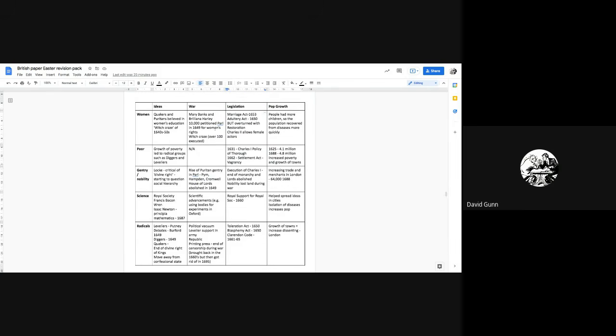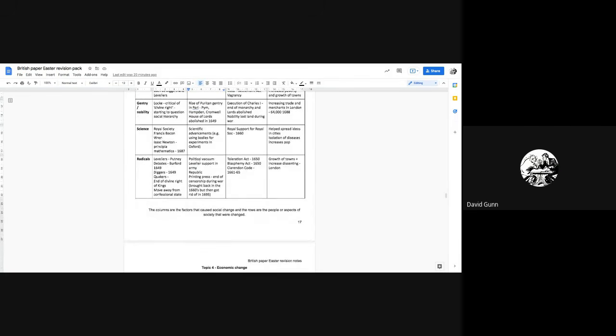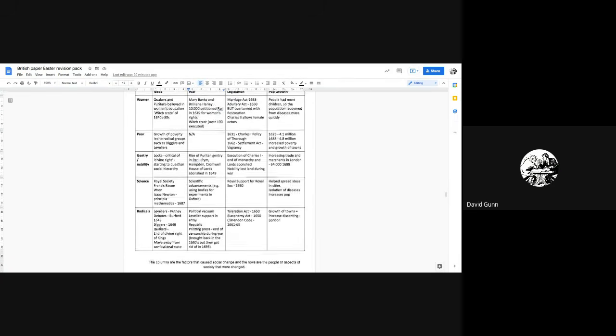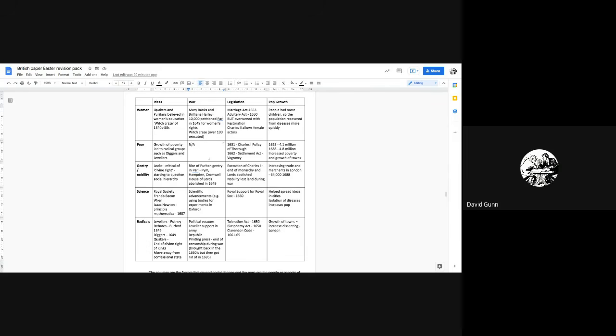So what I would suggest, because this is a change and continuity topic, is that doing graphs here is really important. So having an idea for each of these different groups, or aspects of society, what does change look like in this topic? Is it a straight line?